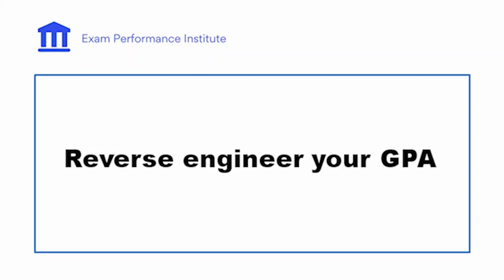What we're going to do then is reverse engineer that GPA. So we're going to break that down into shorter term targets. On a semester level, I need to get a certain GPA per semester in order to achieve that overall GPA goal. And then I'm going to break that down even further in terms of on a per subject basis. So in this subject, I need to achieve a certain grade in order to hit that GPA target.